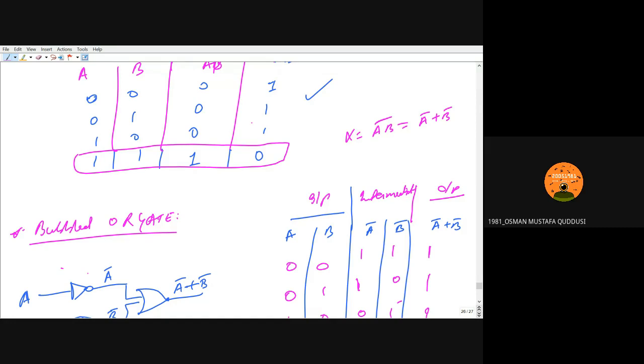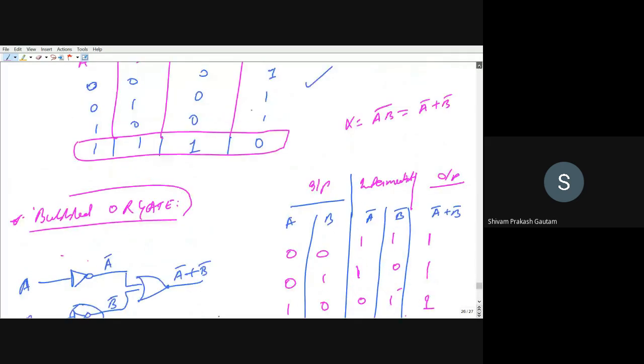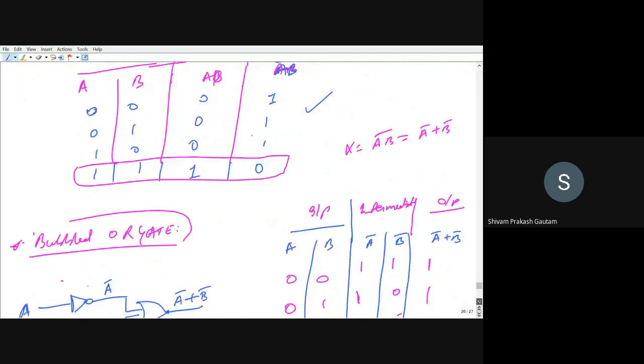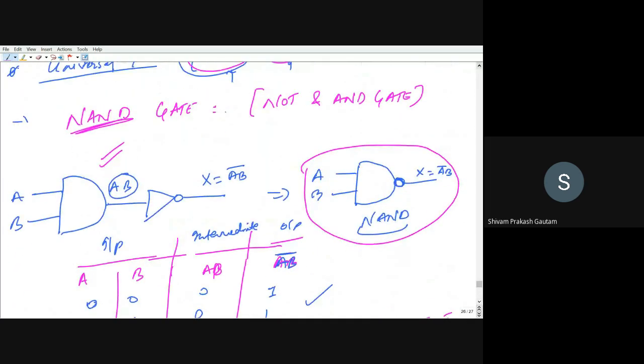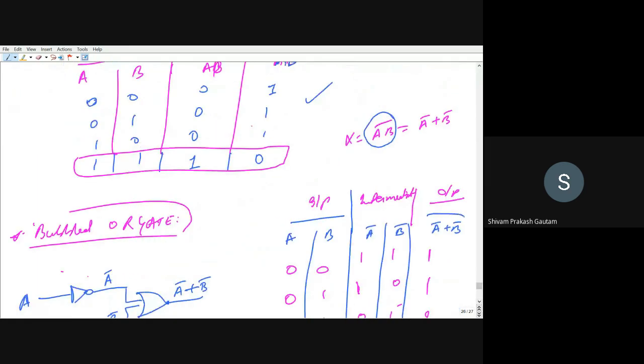See, why I told you about the bubbled OR gate: the truth table of the bubbled OR gate is 1 1 1 0, and the truth table of the NAND gate is 1 1 1 0. In both cases the outputs are the same. We have represented the output of the NAND gate as AB whole bar, and the bubbled OR gate output is A bar plus B bar.